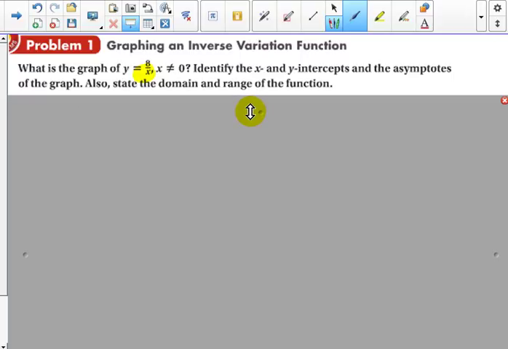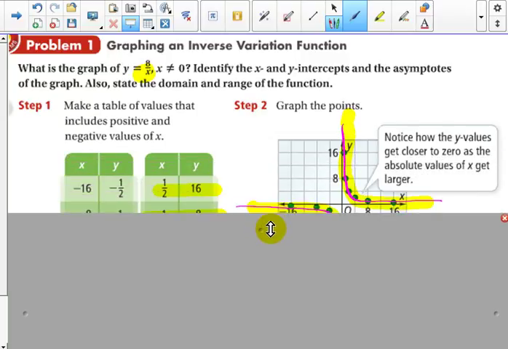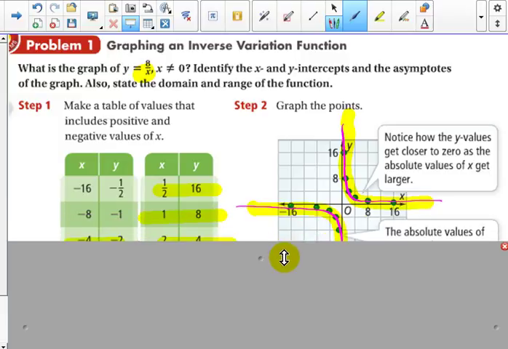Well, I'm going to tell you this now. Domain and range for all these: x can never equal 0, so y is never going to equal 0. Your domain and range is always going to be all values except x can't equal 0, all values but y can't equal 0.